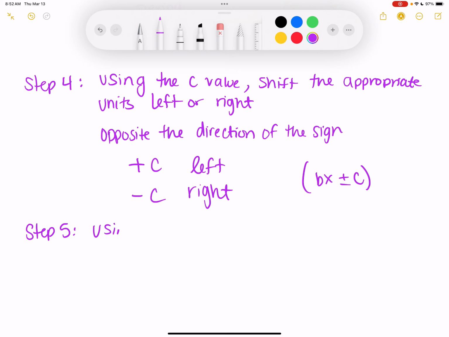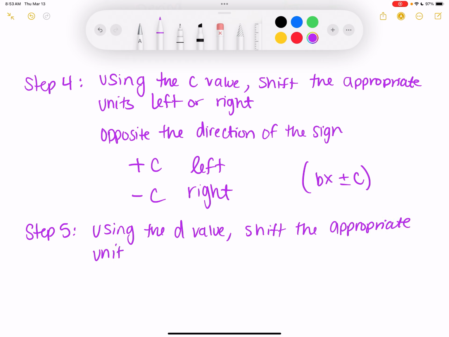using the D value, shift the appropriate units up or down.